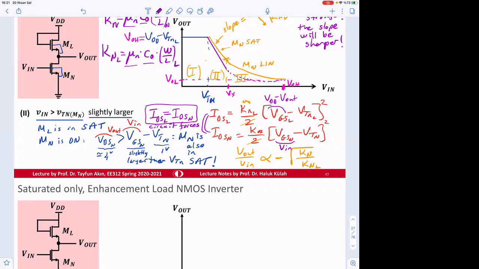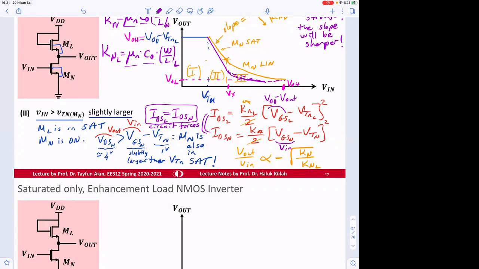And it will be going like this. What am I making? I'm making a mistake here.